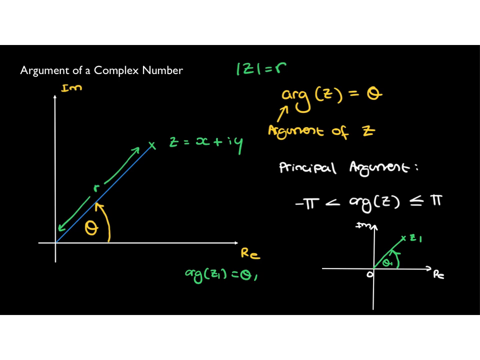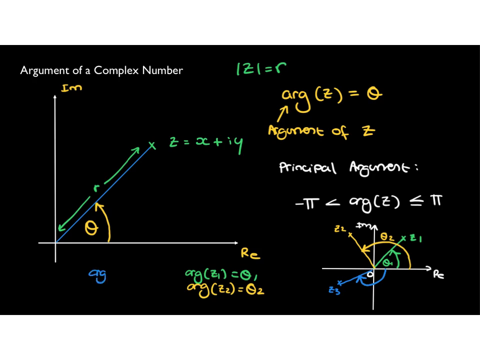Now, if your complex number, we'll call it z2, is in this quadrant here, then its argument would be this angle here in yellow, which I'll call theta 2. So arg of z2 equals theta 2. Now, if your complex number, we'll call it z3, is here, then its argument is measured as this angle here, and it will be a negative value.